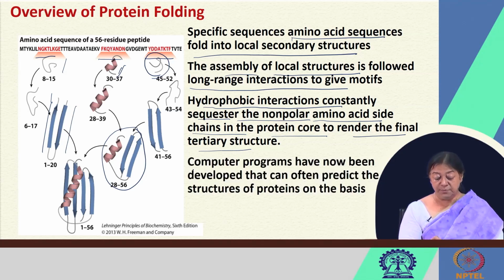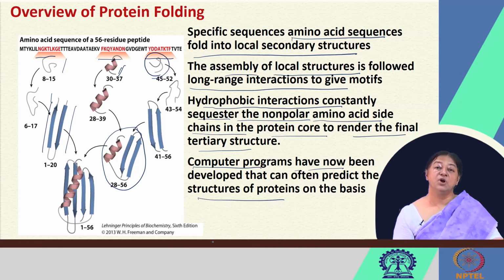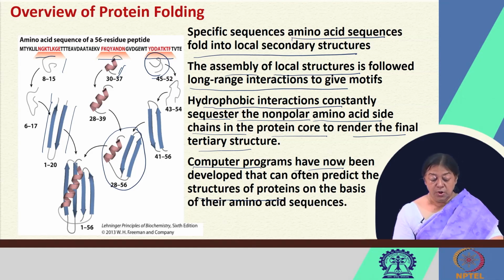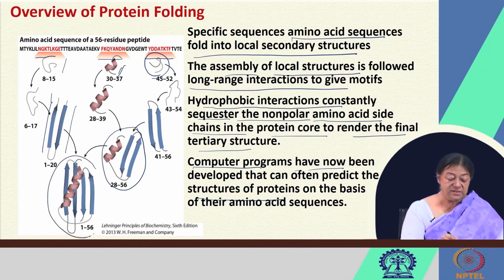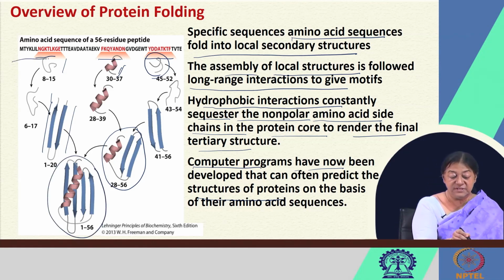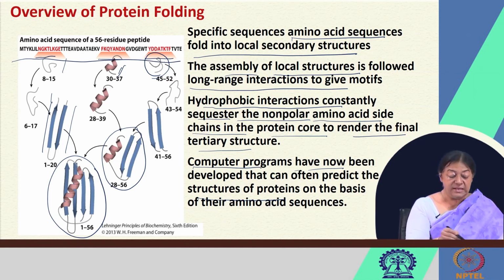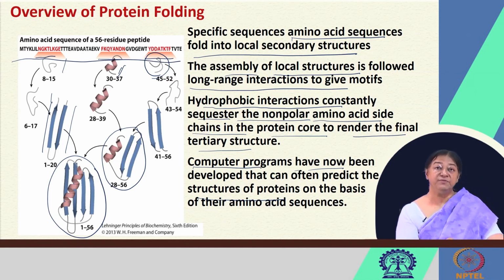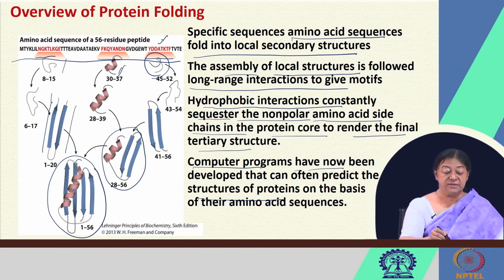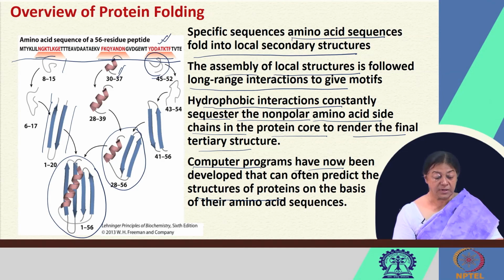Now, we have computer programs that have been developed that can often predict the structures of proteins on the basis of this information. So, on the basis of the amino acid sequences, we might be able to say, given this sequence, because we know from Anfinsen's experiment to a certain extent that all the information that is required for the three-dimensional structure of the protein is present in this amino acid sequence.